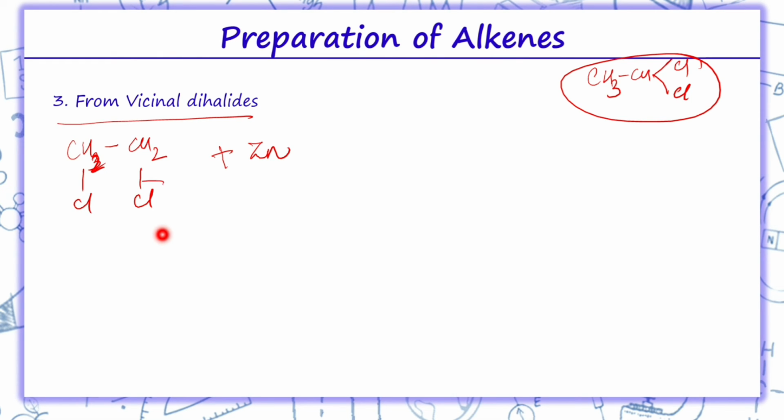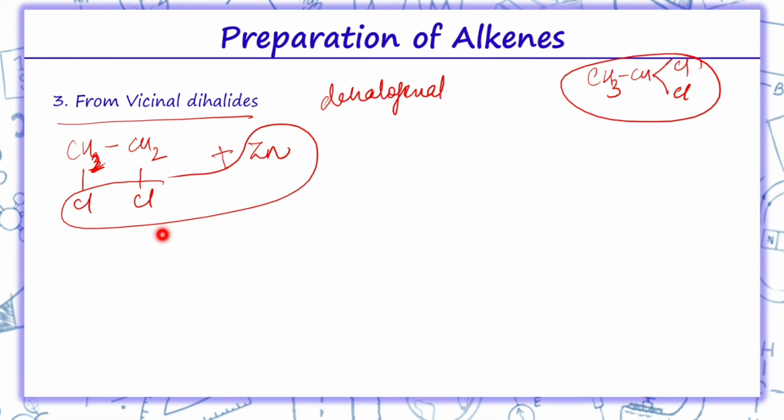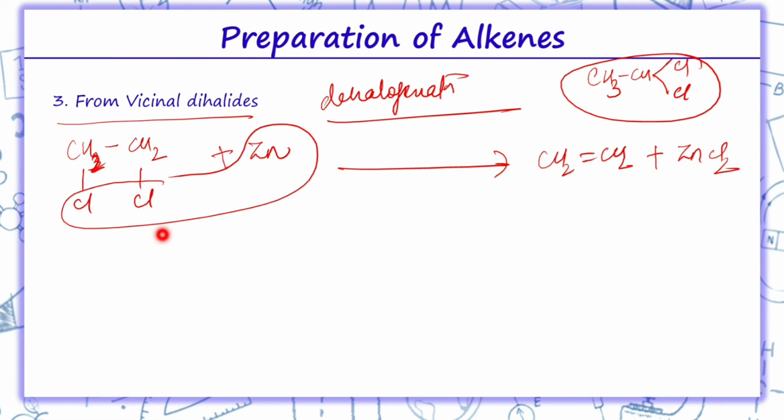Since there is removal of halogens, this reaction is known as a dehalogenation reaction. The product formed will be CH2=CH2 plus ZnCl2.